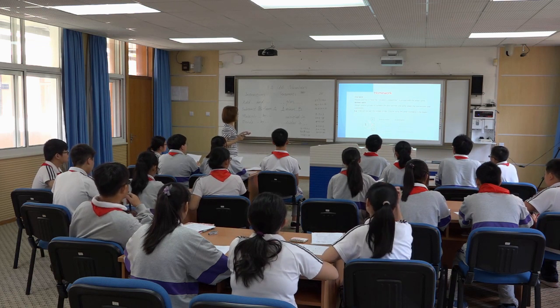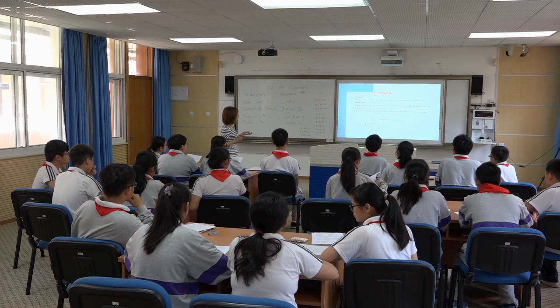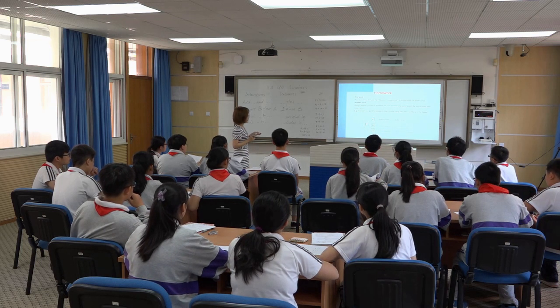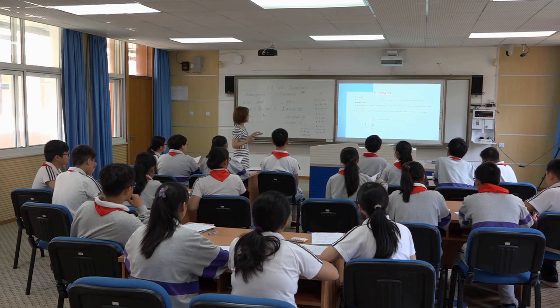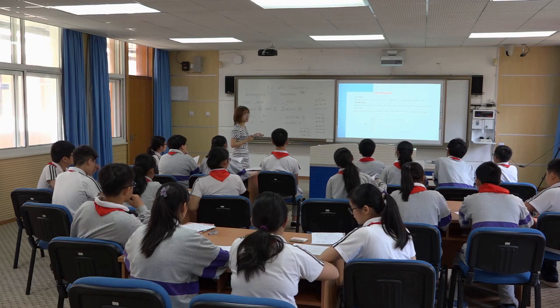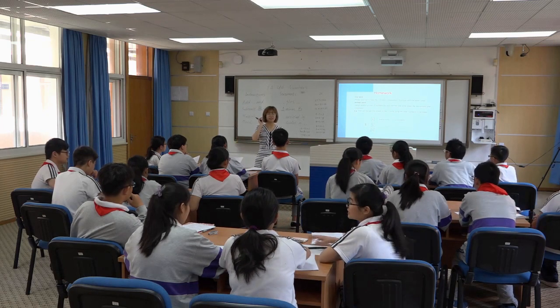For example, how can you get the answer in the circle by using the other numbers in the boxes? That means, how do you get number 3 by using 8, 11, and 55? Anybody? Give us the answer.